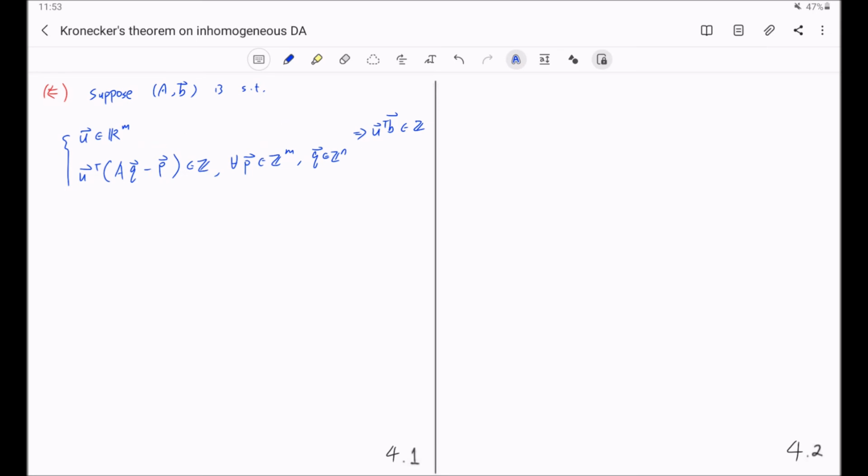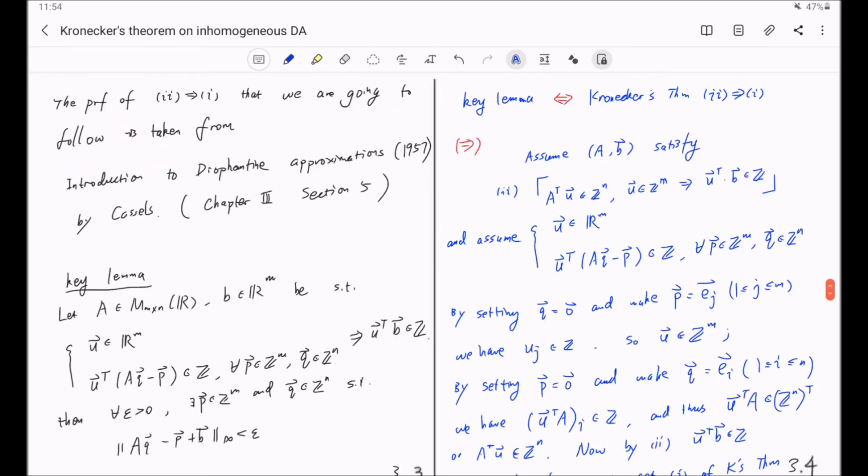This is the assumption of the key lemma, namely this part, and we want to get the conclusion of the key lemma. And we also assume that we have the implication 2 to 1 for the Kronecker theorem. So the goal this time is to verify the hypothesis, namely the statement number 2 of the Kronecker theorem. We're going to assume this part and try to get this part by using this assumption.